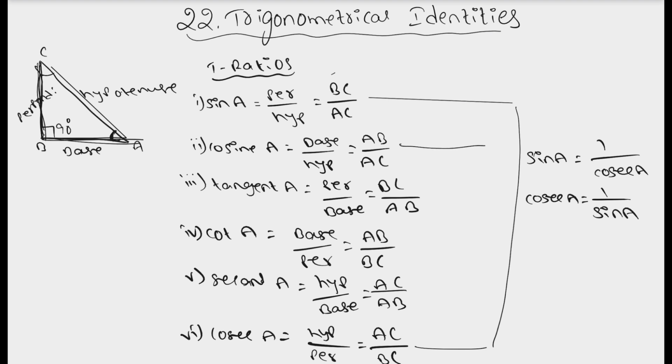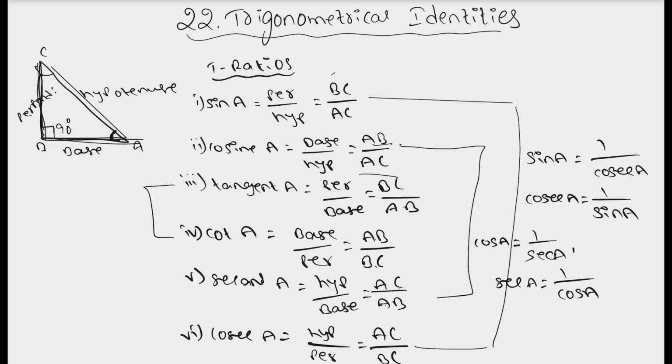Similarly with cosine and secant, here we have AB by AC and here it is AC by AB. Cosine and secant are inverse to each other. So cos A is 1 by secant A, and secant A is 1 by cos A. Next, BC by AB and AB by BC are inverse to each other.